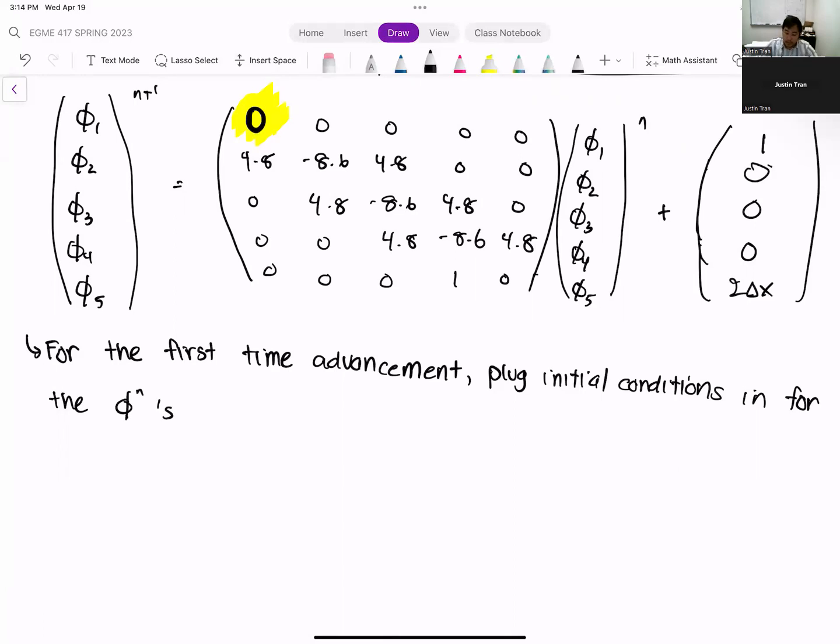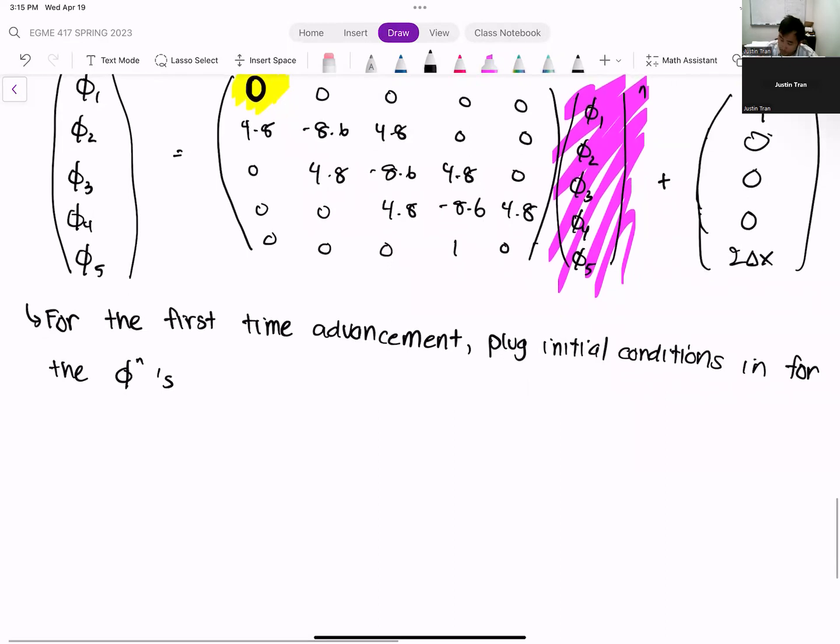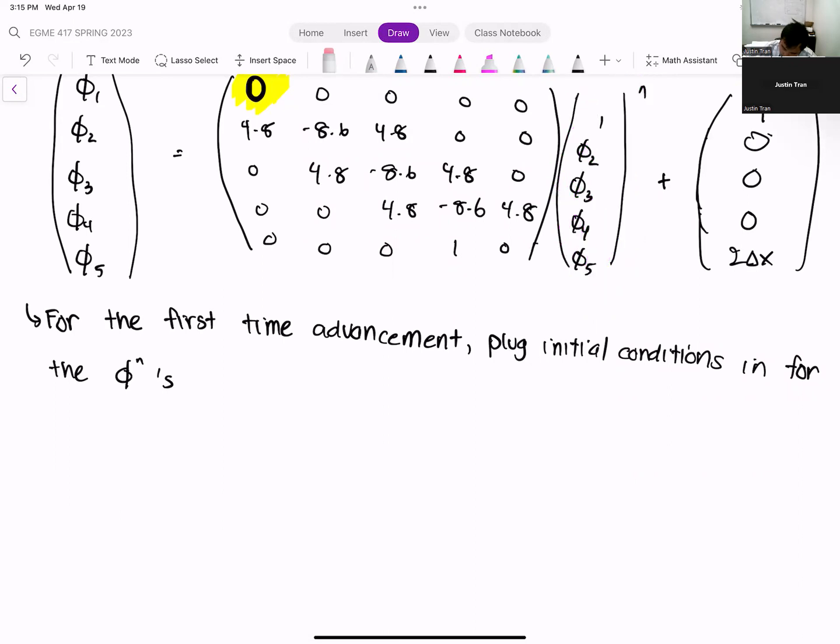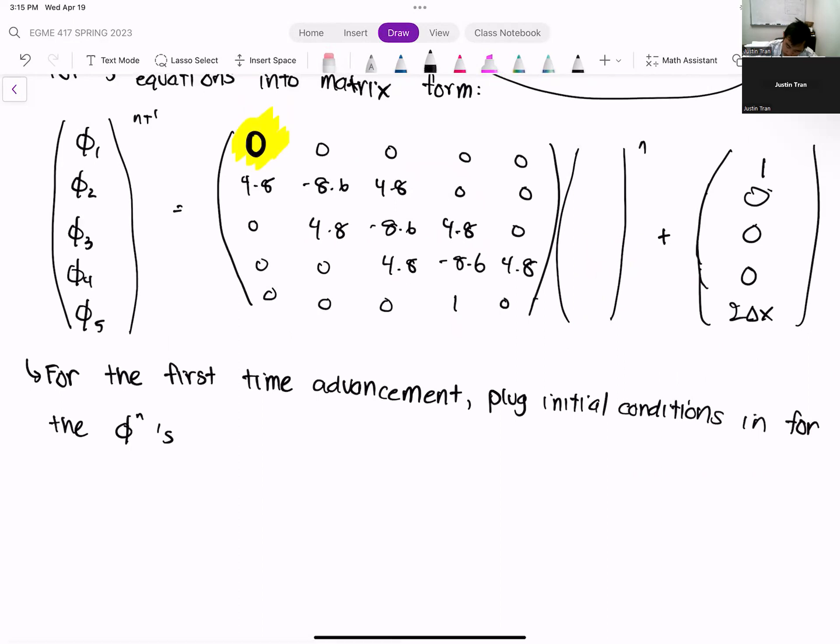That means everything on the right-hand side of the equation, all of these right here. This is a matrix multiplication, so we're going to multiply that matrix by whatever our current solution is. Our initial conditions assume that these are all equal to 0, so we plug in zeros for all of these.